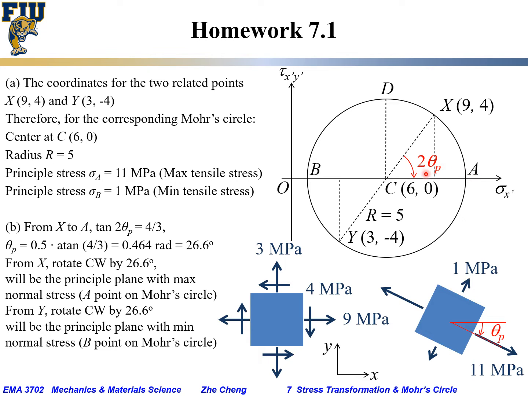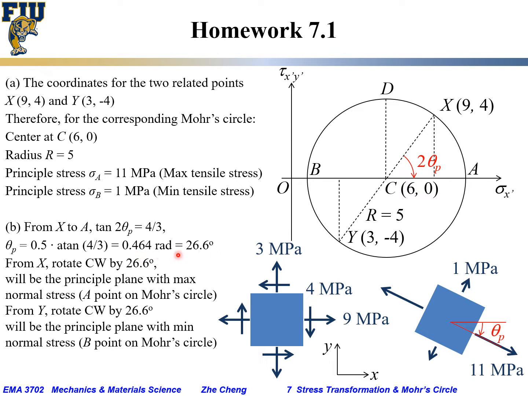And what about this 2 theta P? From here to here, vertical, it's 4. From C to here, it's 3. So the tangent of 2 theta P is 4 over 3. So theta P is half of the arctangent of 4 over 3, and that gives 0.464 radians.